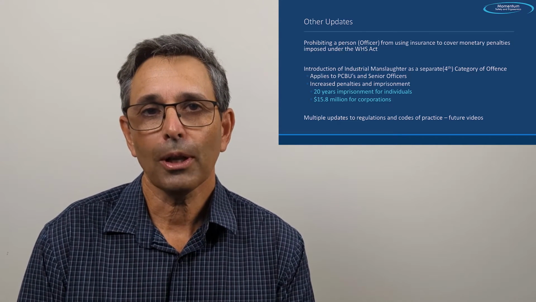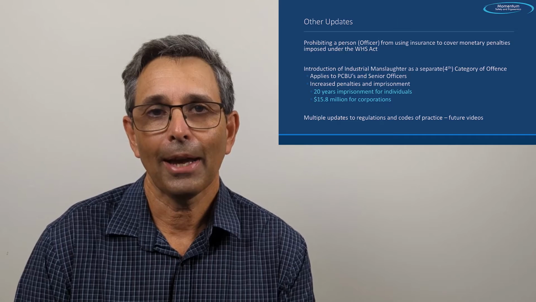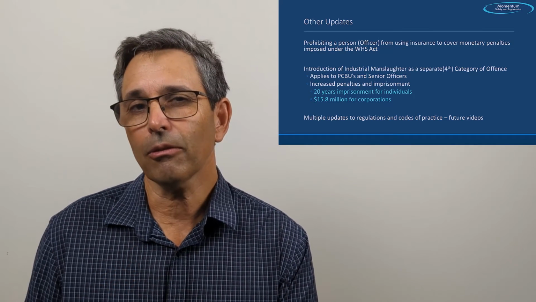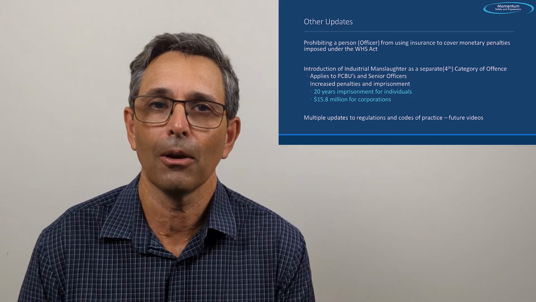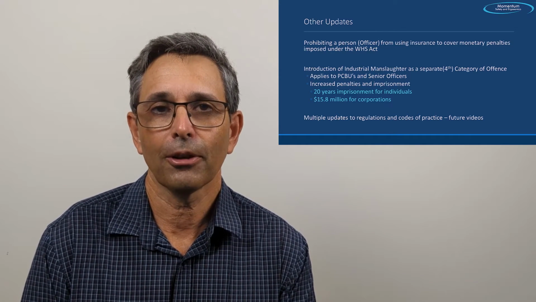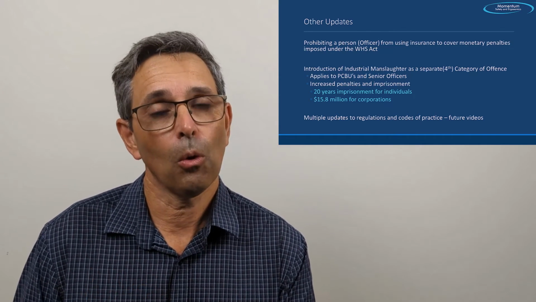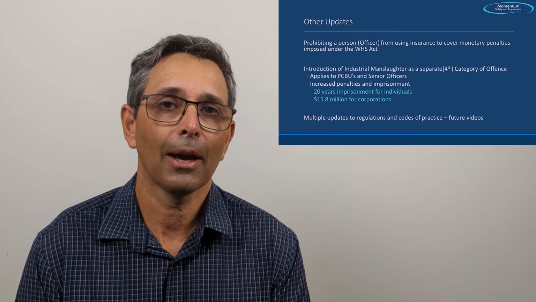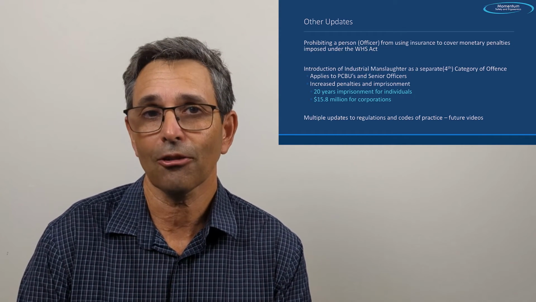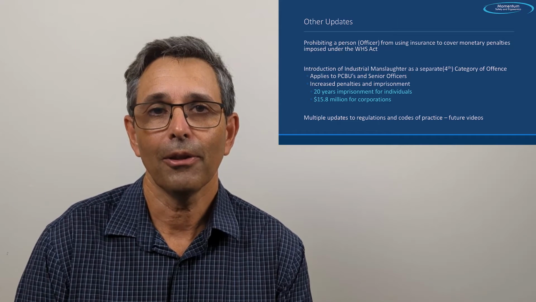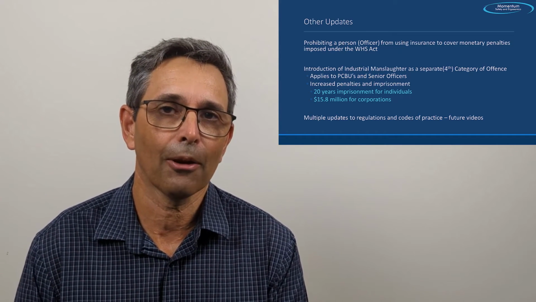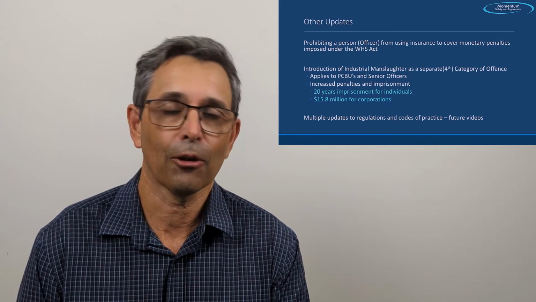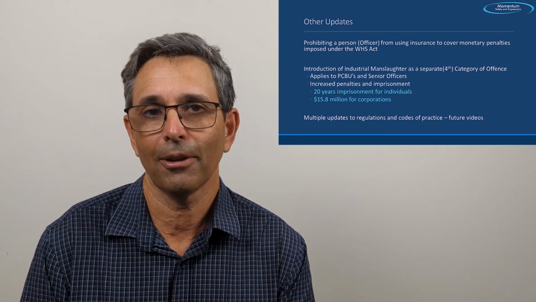The other thing that I quickly wanted to mention is an update, not necessarily since we did our original video, it was new when we filmed the video back in 2019, but I want to make you aware of the fact that we do have legislation for industrial manslaughter. So this can be considered a fourth and I guess a separate category of offence to the categories 1, 2 and 3 that we talked about previously.